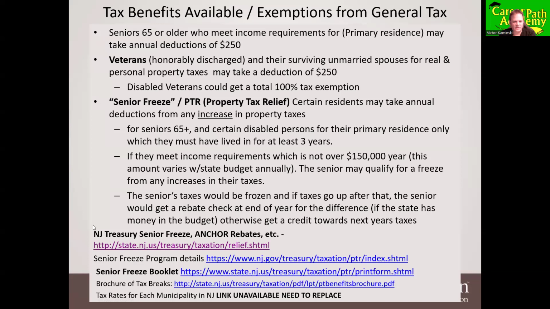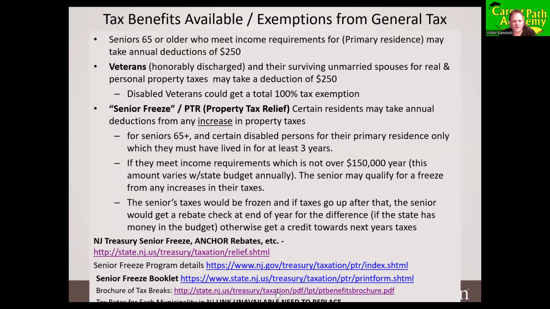And then there's a brochure of all the different tax breaks available to everybody in New Jersey. But it seems like they kind of messed it up when they touched it last, and all they did is point to the Anchor program, or was it the Senior Freeze program? Let's see. Yeah, they still have it pointing to this replacement brochure that does not show all the different tax breaks. It only shows this for seniors, disabled, and surviving spouses, the $250 deduction.